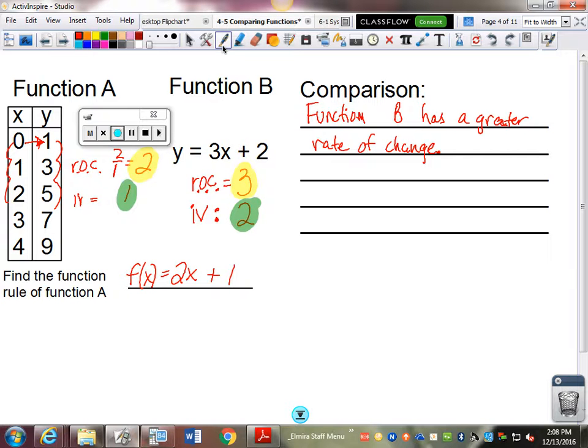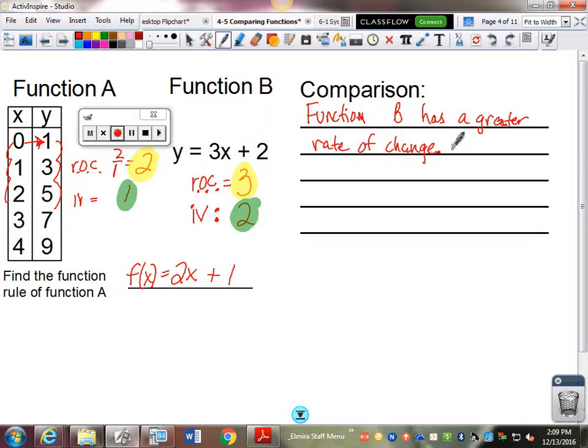They don't have to be related, that's a completely separate conversation. You could start off with a higher number and it grows slowly, or something can start off small and grow fast. So the rate of change and the y-intercept: function b had the greater rate of change, and in this case it also happens to have the greater initial value, but it doesn't have to. Function a could have had the greater one.